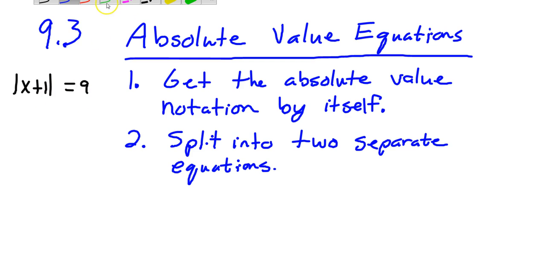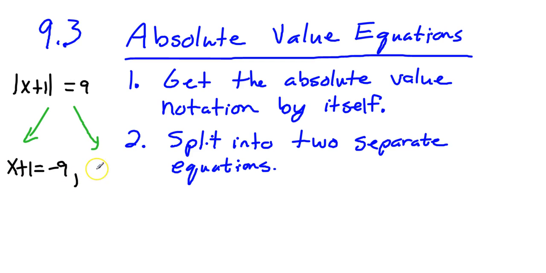So here's what we're going to do to set this up: we're going to split this into two parts. So this distance could be 9 units in the negative direction, or it could be that we're going 9 units in the positive direction.